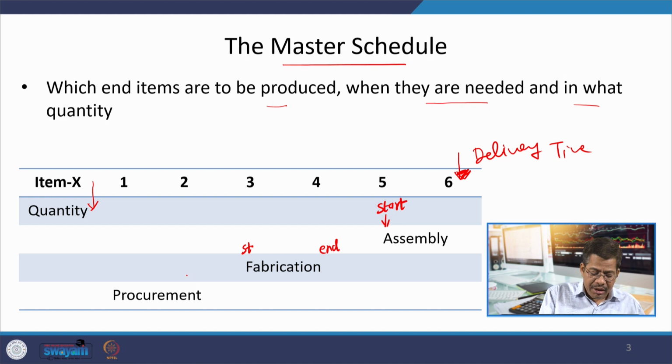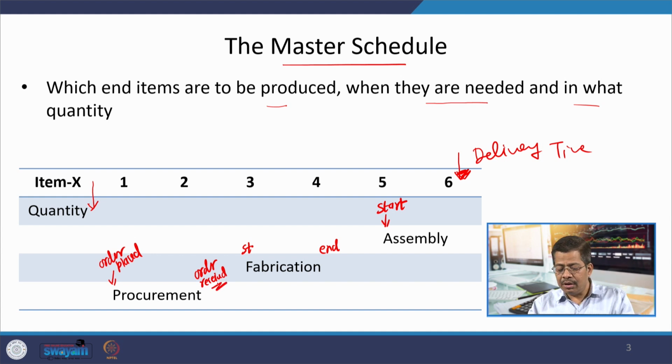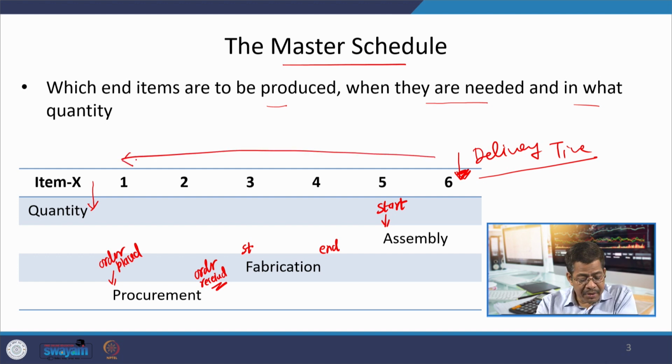And similarly, the procurement of the items required for making this item X, may be some kind of raw material, order placed in period 1, order is received in period 2. So, when I have to deliver in the 6th period, I have to start the work in a backward manner from period number 1.